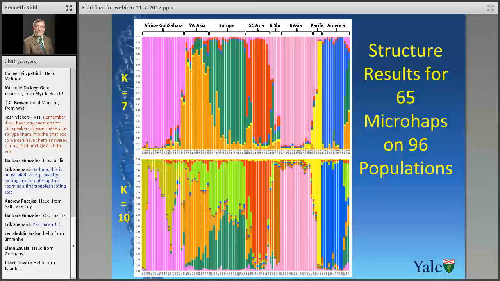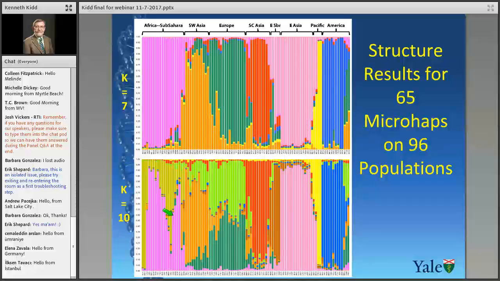And here, for those 65 microhaps on 96 populations, are structure results at 7 forced categories and at 10 forced categories. At 7, we've got pretty good resolution in geographic regions as noted at the top.